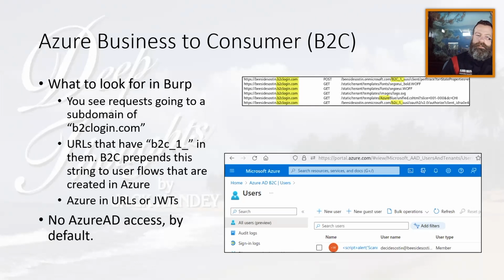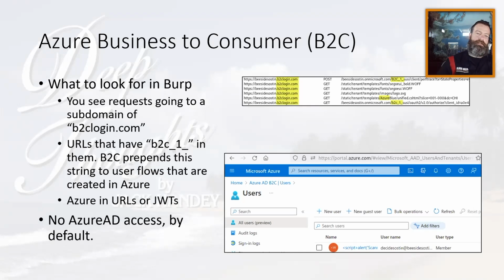Okay, jumping back to this. If you see subdomains of b2clogin.com, then that's a good indication that you're dealing with Azure B2C. If you see URLs that are prepended with b2c_1_, that's also another good indicator. So I went through the pain of setting up a B2C thing once and found out that one of the steps is you create these user flows inside of Azure.